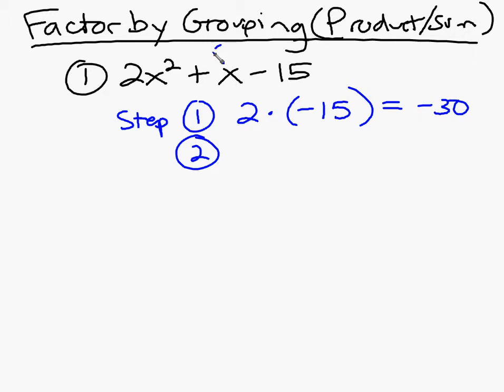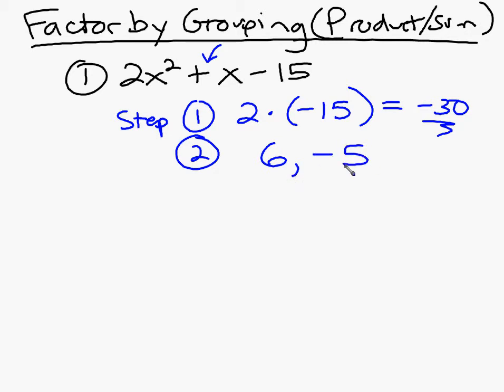What is this b term right here? Isn't it 1? So I need two numbers that will multiply to give me negative 30. Isn't it going to be 6 and 5? But which one's positive, which one's negative? The 6 is positive, the 5 is negative.